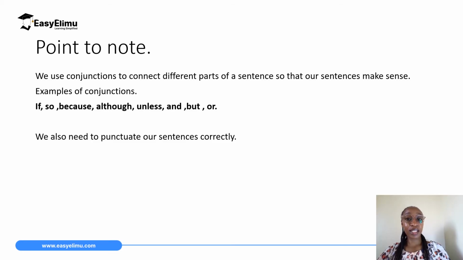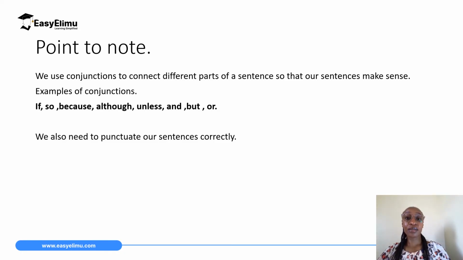Another thing that sentences require is that sometimes we need to use conjunctions to connect different parts of a sentence. These different parts are called clauses, and you're going to learn more about them in Form 2. Some conjunctions include if, so, because, although, unless, and, but, or.